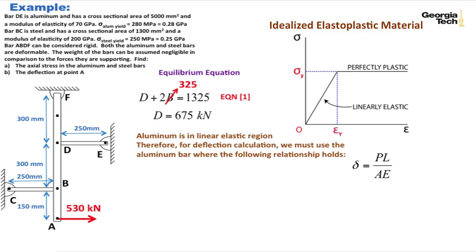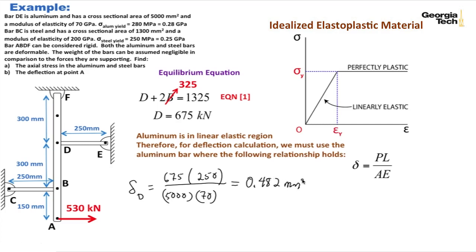And so the deflection in the aluminum is going to be the force in the aluminum bar, which is 675, times its length, which is 250, divided by its area, which is 5,000, and E, which is 70. And so it ends up coming out to be 0.482 millimeters.